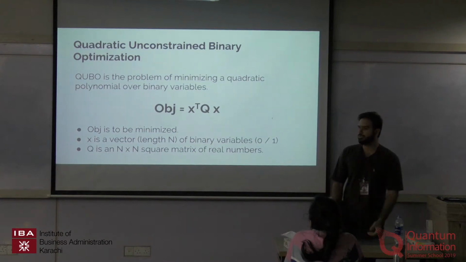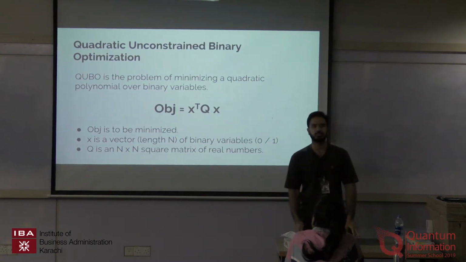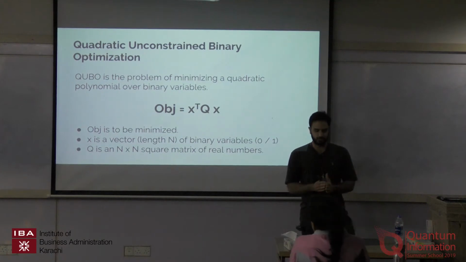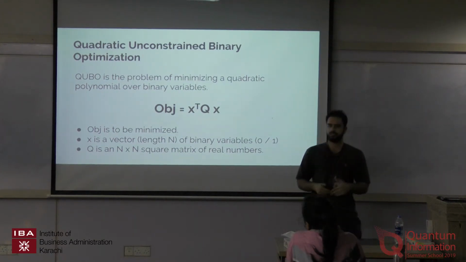The formalism you use to translate a problem onto this hardware is called the quadratic unconstrained binary optimization. What you do here is you have a quadratic polynomial and you minimize it over a series of binary variables.